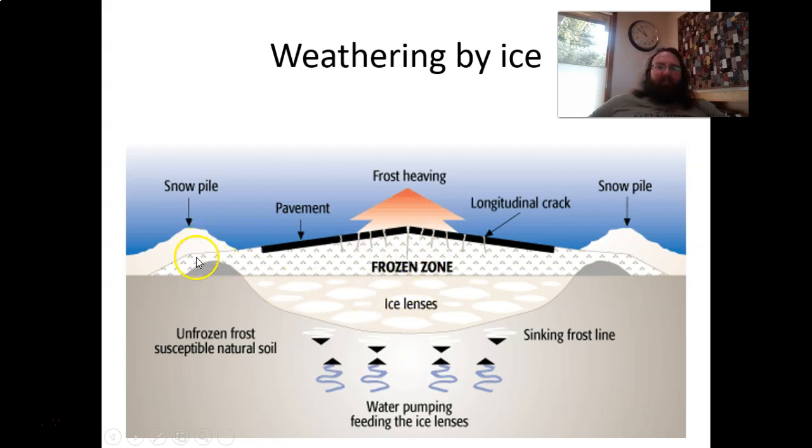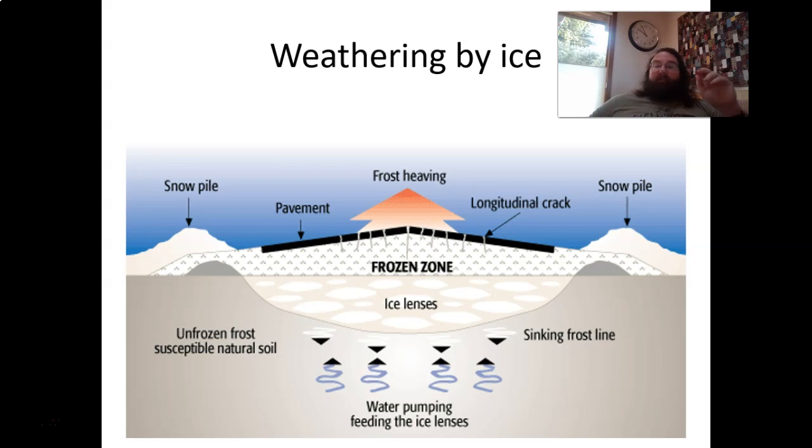So you take water that's been insulated by the snow piles, it gets under the roadway, and then the roadway is losing heat until the ice starts to freeze. Now, if you know anything about ice, it expands when frozen. And this can exert quite a bit of mechanical force that will push not only roads apart, but if you have rocks with cracks in them, this is also a very effective way to fracture and fragment rocks.